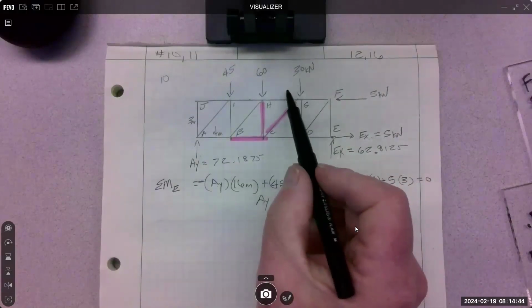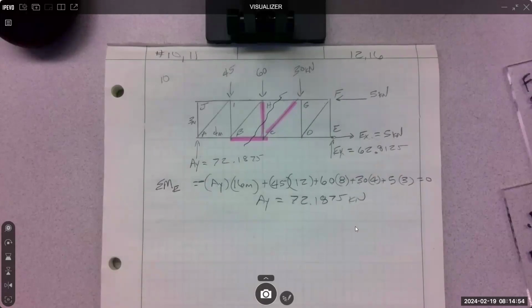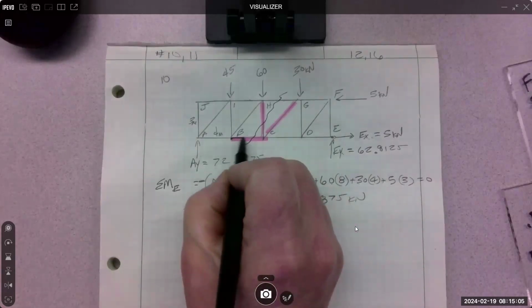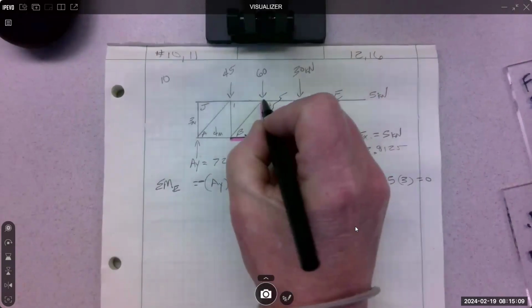I would cut through here for the first cut, and that would give me BC and HC, CH, however you want to call it. And then put it back together and do another cut. Does that sound good? Which side did you work with? The AY side. So that makes this a vector, this a vector, and this a vector.